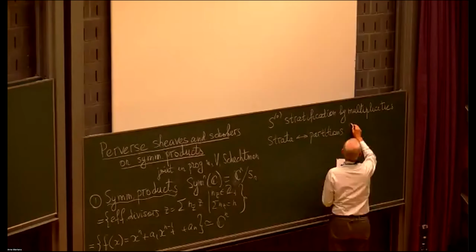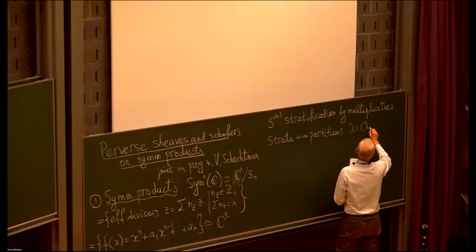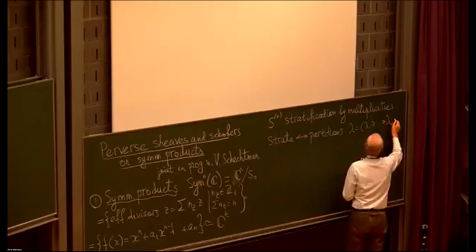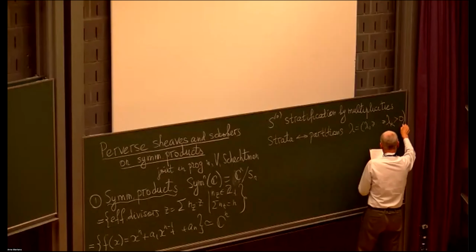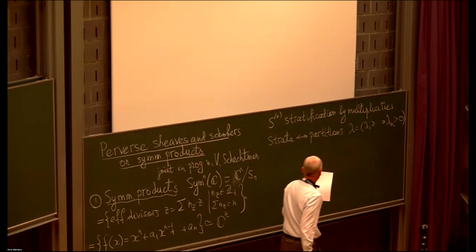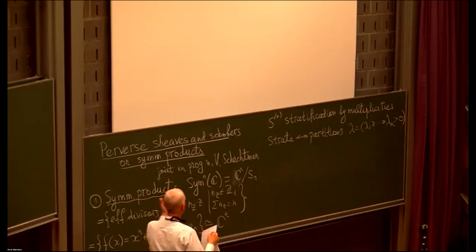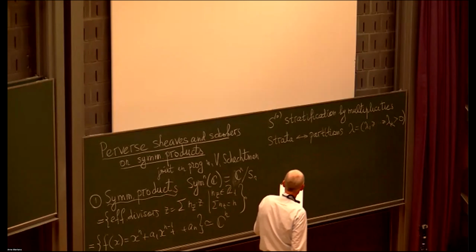Let me call them lambda, lambda 1 greater than or equal to some lambda k, which is greater than 0. The closures of the strata are not smooth.